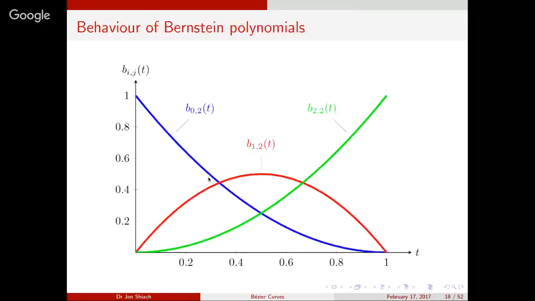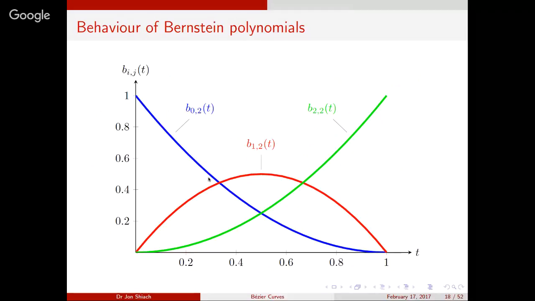Okay, so these are Bernstein polynomials. These basically give how much of an effect each control point has on the Bezier curve at that point. So what I've done here is graph the Bernstein polynomials against t. Remember, t is our parameter in the range 0 to 1.